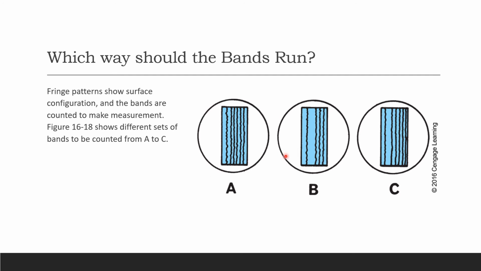So here in A, it shows the same pattern. And B is the same surface, but with a smaller angle. And C is a larger angle.